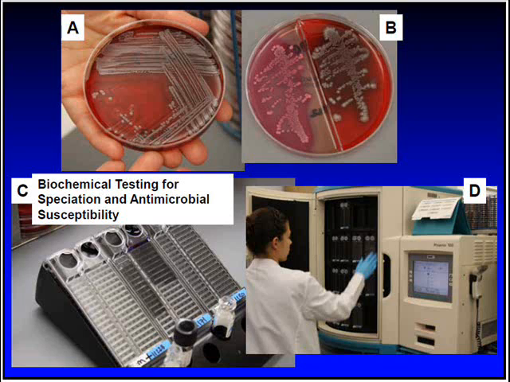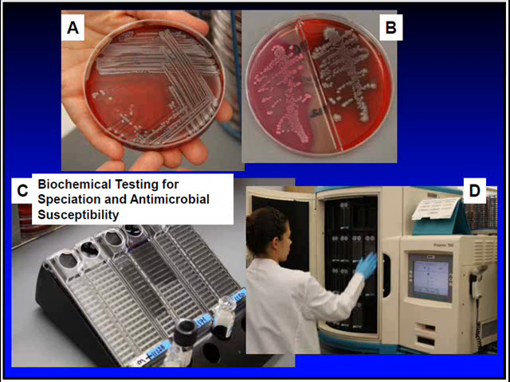To perform this test, the laboratorian creates what we call a 0.5 McFarland equivalent suspension of the colony in culture broth. The organism suspension is used to fill the test plates. The plates are loaded into the automated reader in panel D, which provides a final result about 16 hours after the plates are loaded into this instrument.